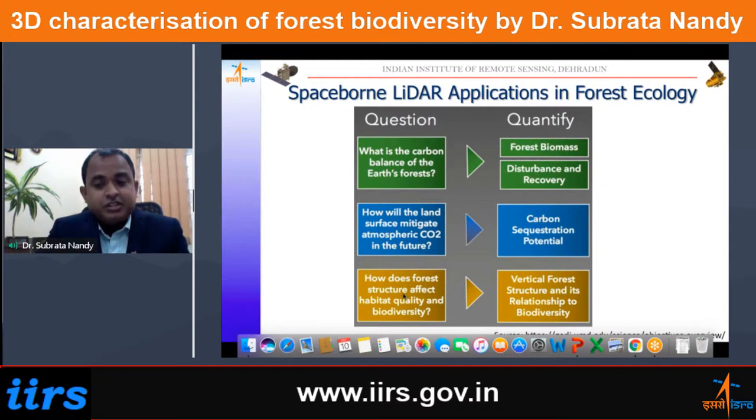The vertical forest structure plays a very important role, as I showed earlier also, and it is very much related to biodiversity assessment. So using this LiDAR data, we get the best structural attributes which other data sets won't be able to give, and we can relate this to biodiversity.